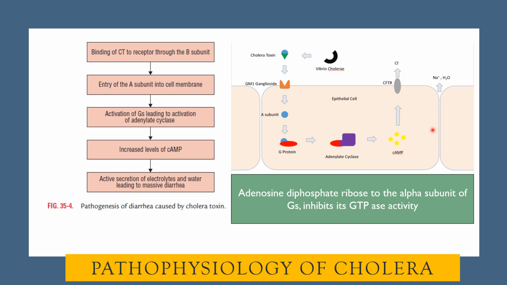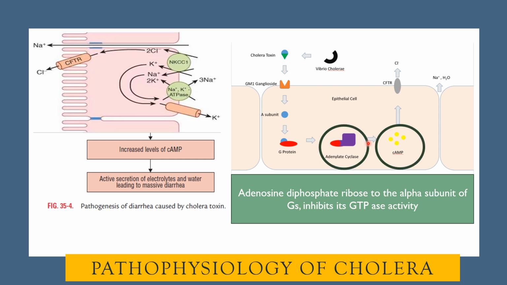Now this cyclic AMP will favor the chloride, or Cl-, ion secretion, and it will also prevent the absorption of sodium chloride. How will it do this?